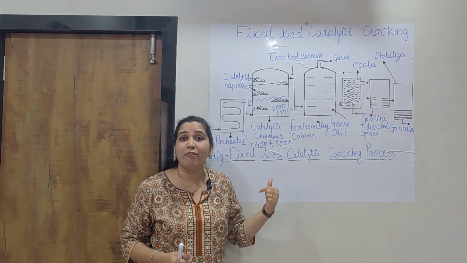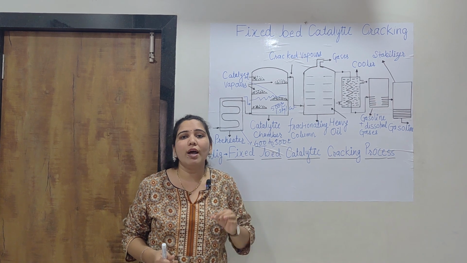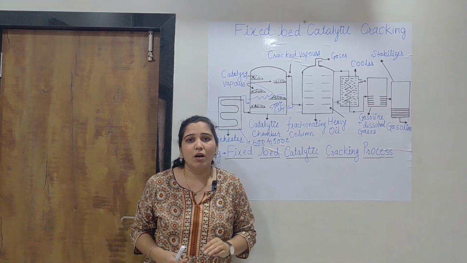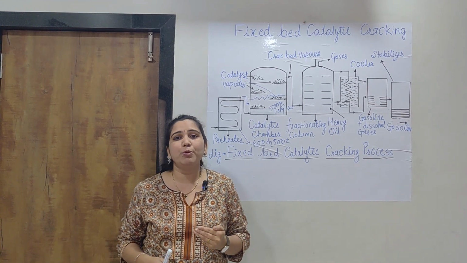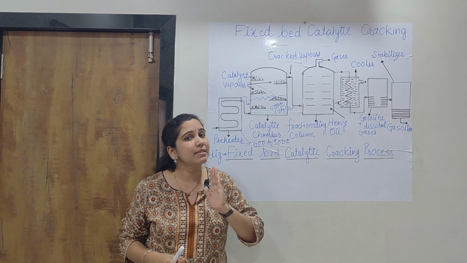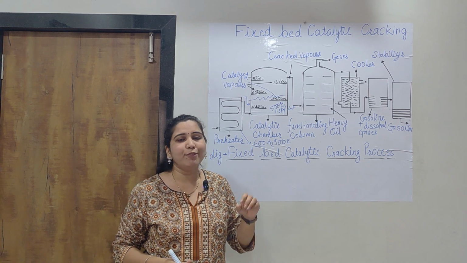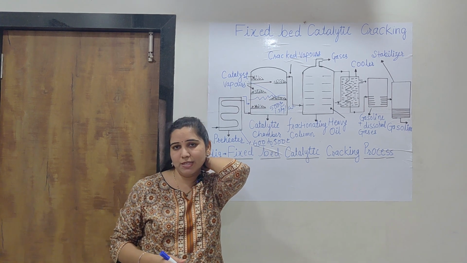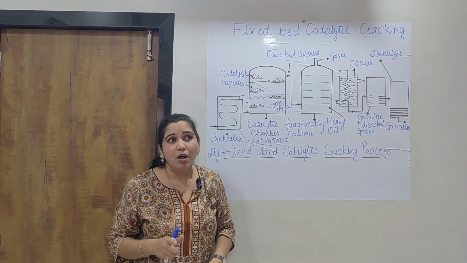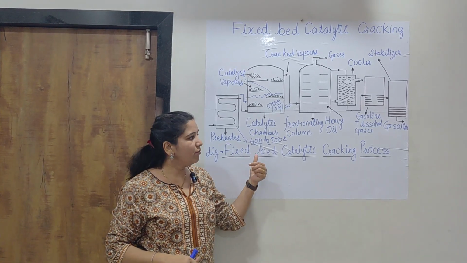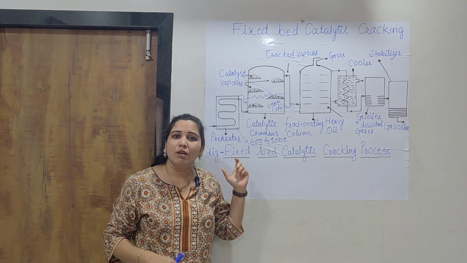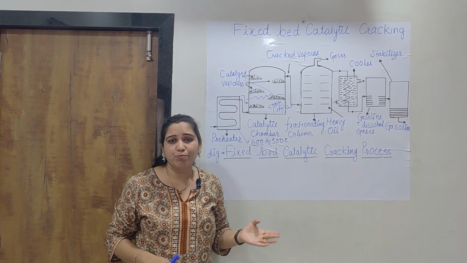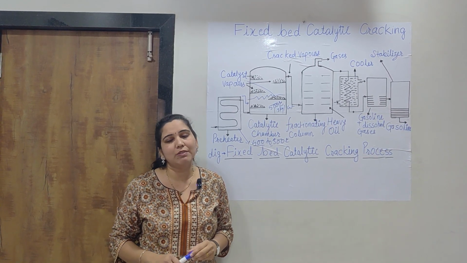And at last, the advantages. Superior products will be produced by catalytic cracking instead of thermal cracking, where some unstable products are produced. While in catalytic cracking, very good results are there, and products are also very stable as well as very superior.